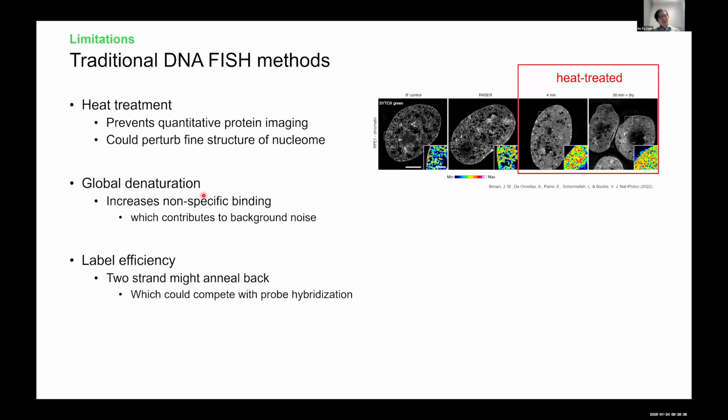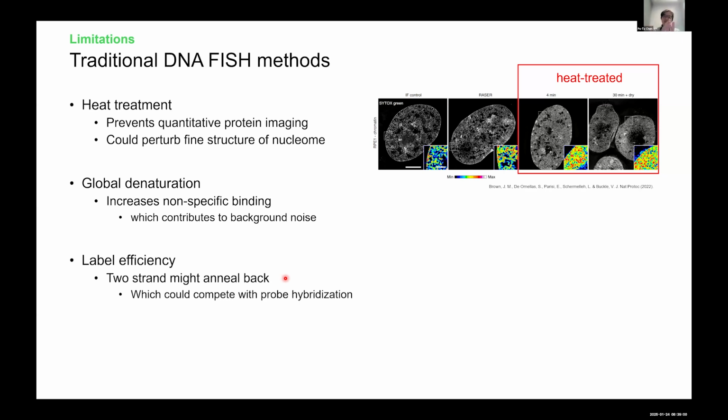Another thing about heat denaturation is that it's global and non-specific, so it opens up the entire genome. In this case, you increase the non-selective binding of the DNA FISH probe, which contributes to the background signal, preventing really high resolution genome imaging. Another issue of this traditional DNA FISH method is that when we denature the double strand, the non-target strand might still be around our target strand.